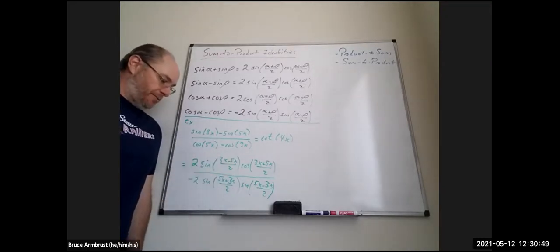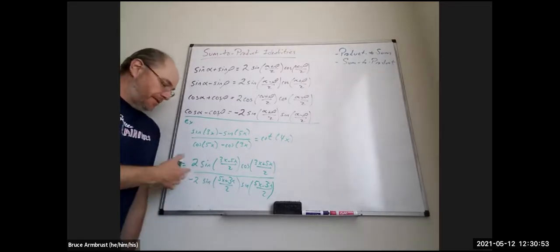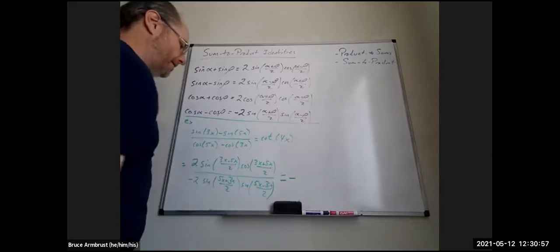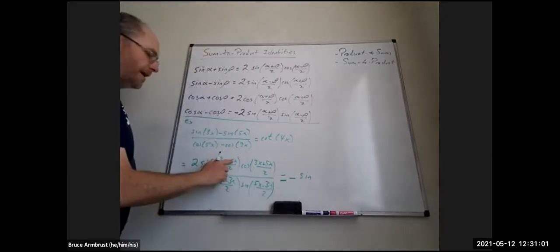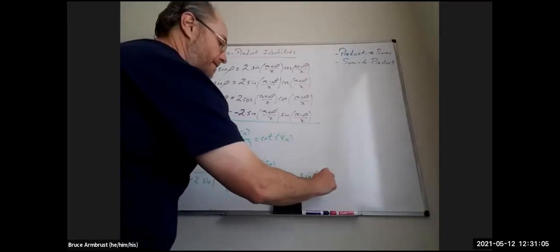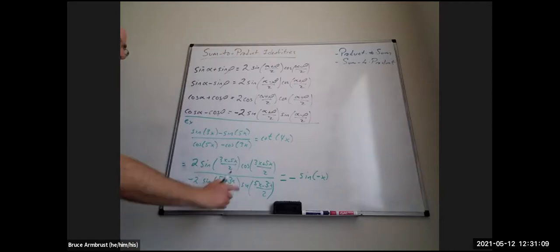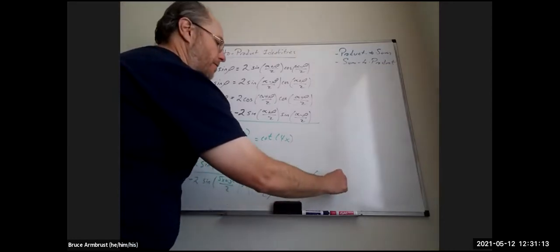First of all, 2 over minus 2, those are going to cancel and leave me a negative out front. 3x minus 5x is minus 2x, divided by 2 is minus x. That's the sine of negative x. And then I get the cosine of 8x over 2, which is 4x.